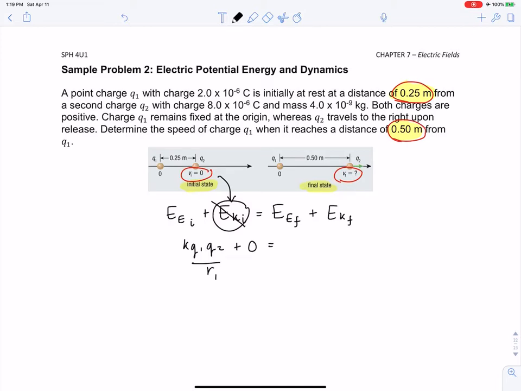The final electric potential energy is k Q1 Q2 over, since it is twice as far away, we can simplify this by writing 2r1. It was initially 0.25 meters and now it's 0.50 meters. I'm going to erase this, but I just wanted you to see that.